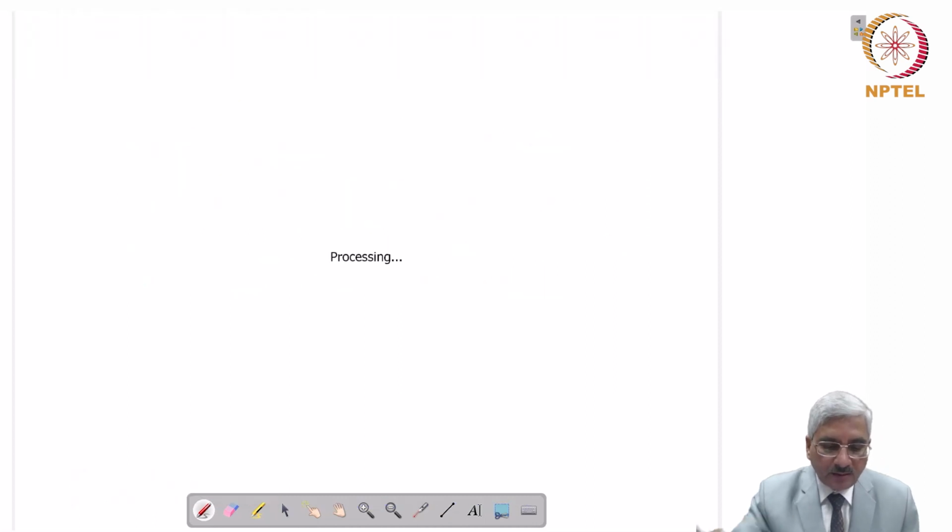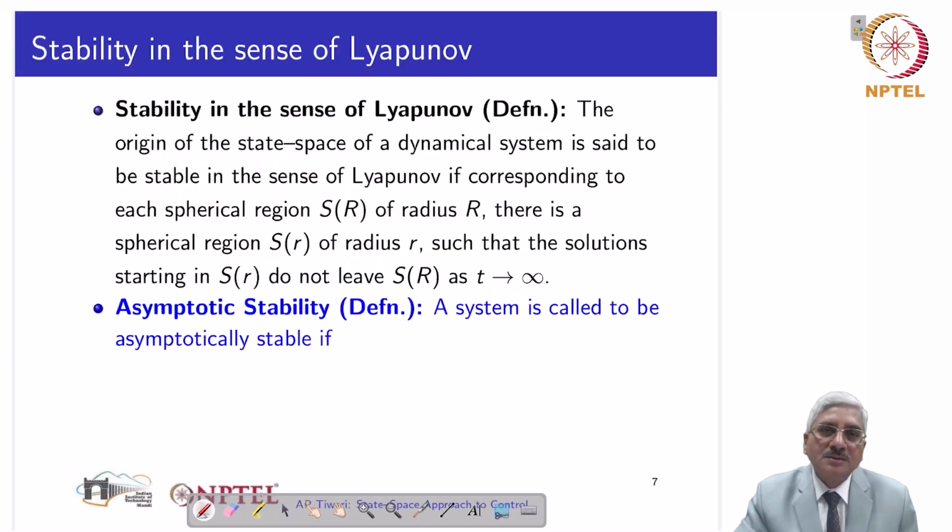So this is based on a solution starting in a sphere of radius small r that does not go outside and remains confined in the spherical region of radius capital R. Then the system is stable in the sense of Lyapunov. The origin of the state space is stable in the sense of Lyapunov.